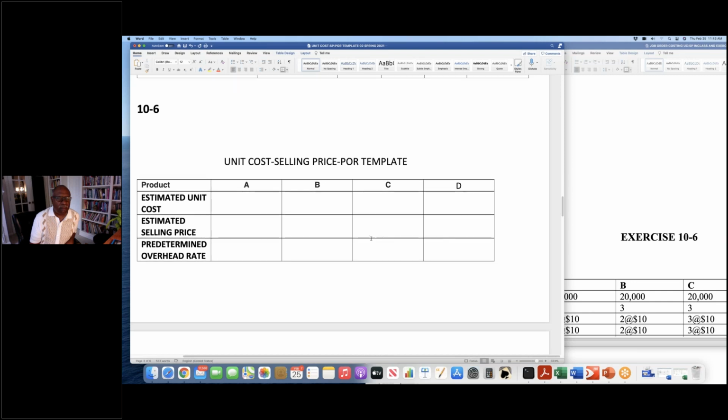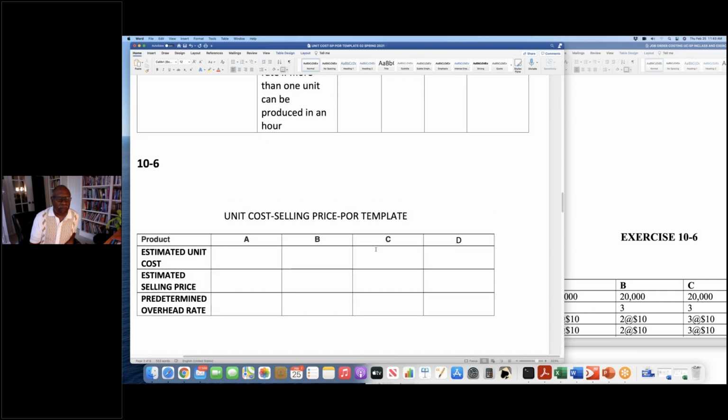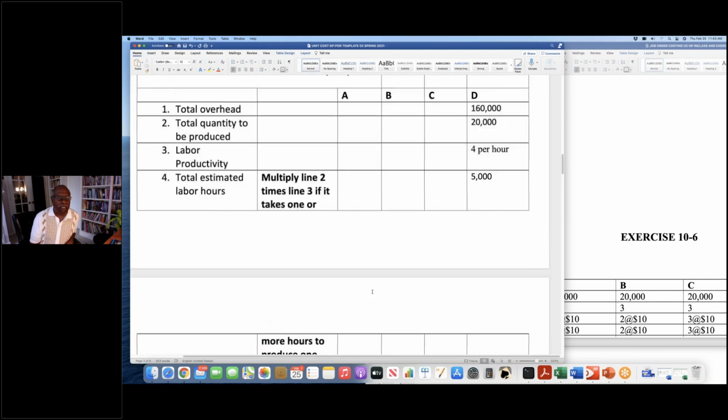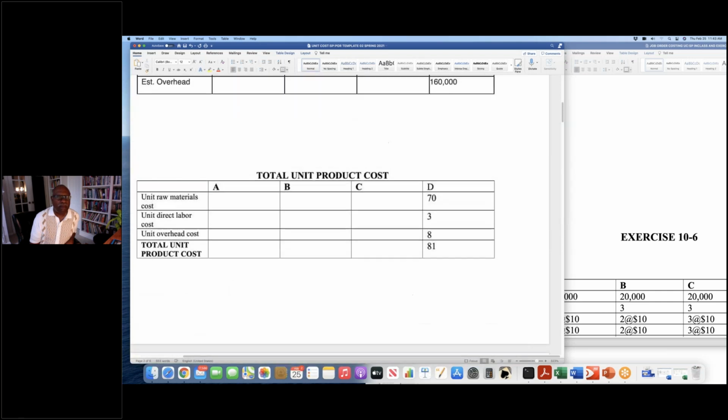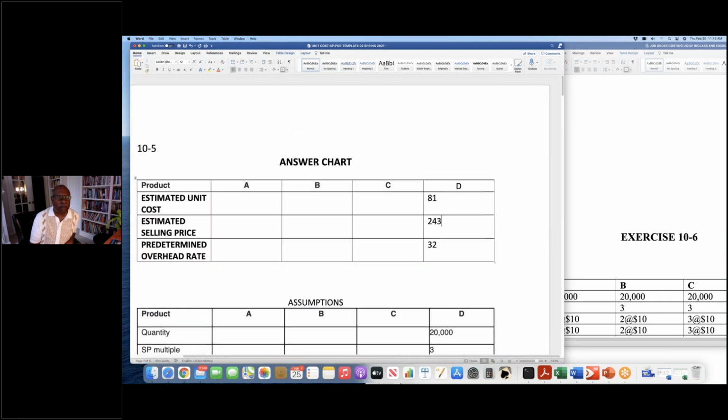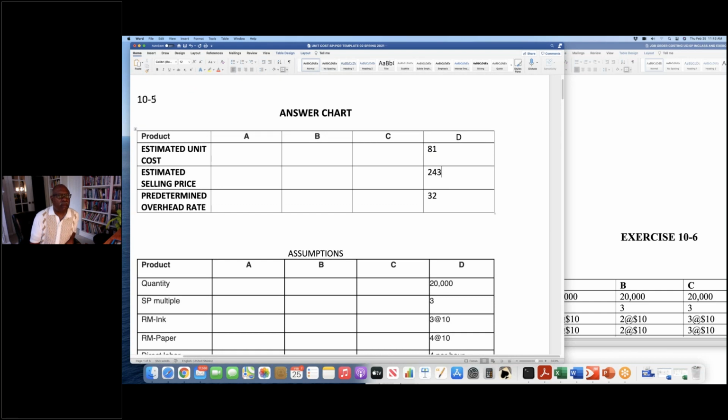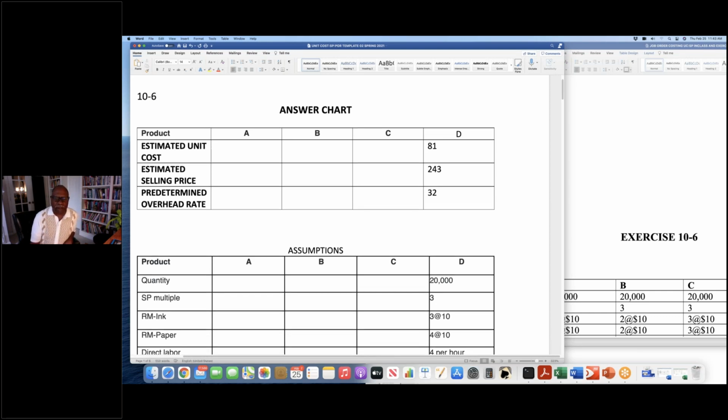Where did I put my other stuff at? We were just done. This is 10-6, right? The one we just did was 10-6D. So I'm just going to change this to 10-6. Then I'll move the other one to 10-5.